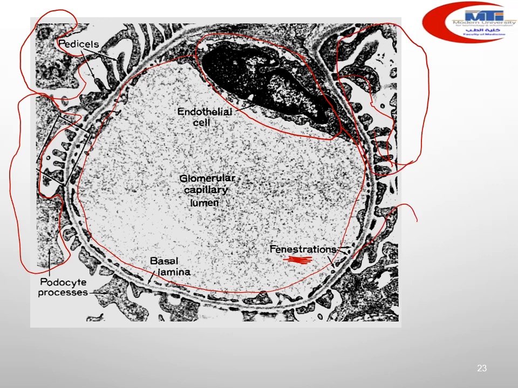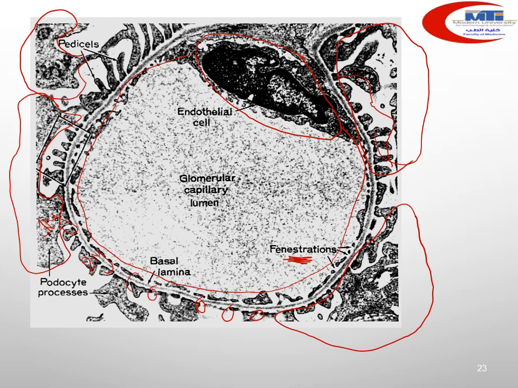All of these are the visceral part of the Bowman's capsule, all podocytic structures, podocytes. The podocyte has primary processes and secondary processes. The secondary processes are separated from each other by filtration slits that are covered by a diaphragm.